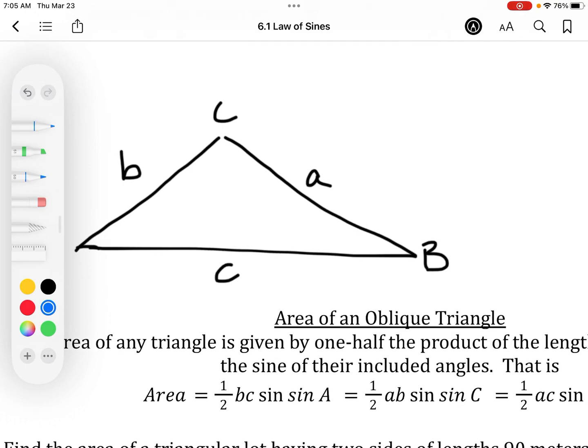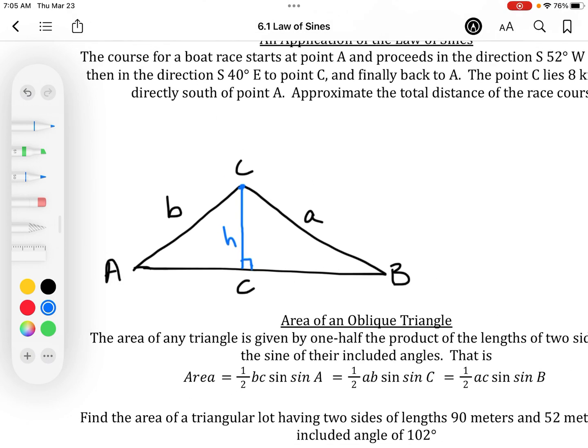And this is how we started before. So just showing these area formulas to work, and even in my area, I need that height, because the area of this triangle is given by 1/2 base times the height.